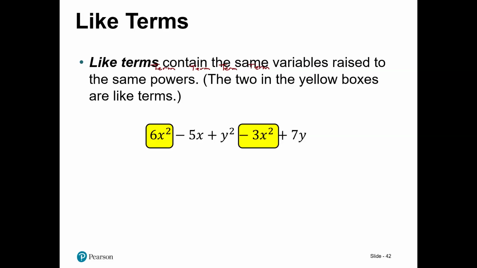Like terms have the same variables raised to the same power. So basically everything but the coefficient should look the same. The two we see in the yellow boxes here are like terms.